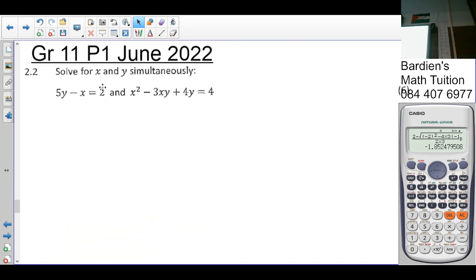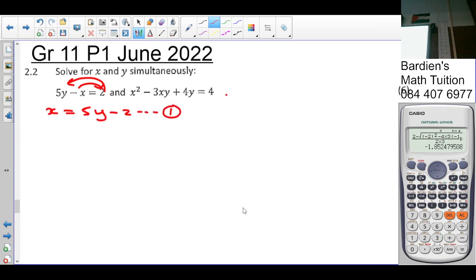2.2, the question says solve for x and y simultaneously, which means at the same time. So you have 5y minus x is equal to 2 and x squared minus 3xy plus 4y is equal to 4. So in the two equations we're going to make either x or y the subject of the formula. In this case I need to make x the subject of the formula. So that becomes x is equal to 5y minus 2.